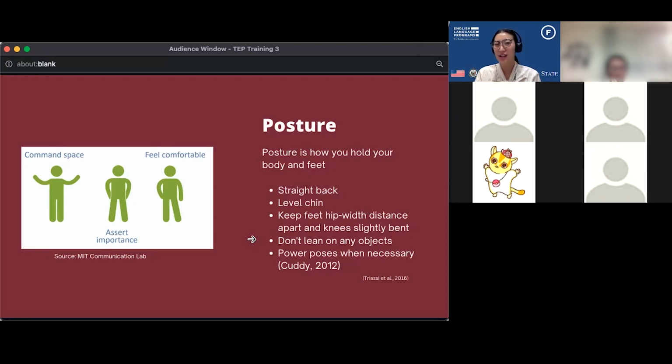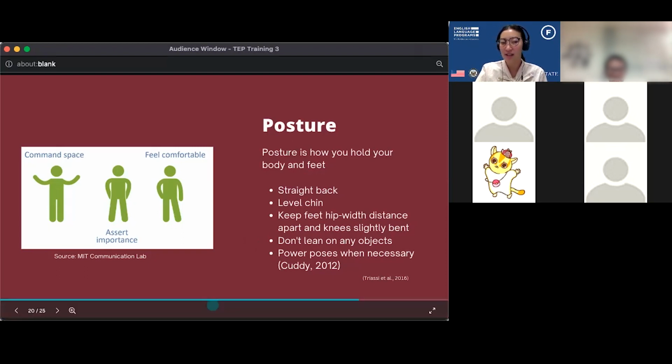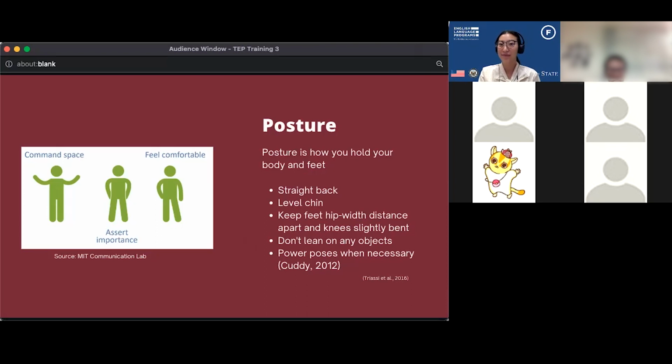They can notice, do I have my hands in my pocket? Am I looking down at my notes? Am I leaning on something? Am I too still? Do I have meaningful gestures? These are all things that they can watch the video and notice.